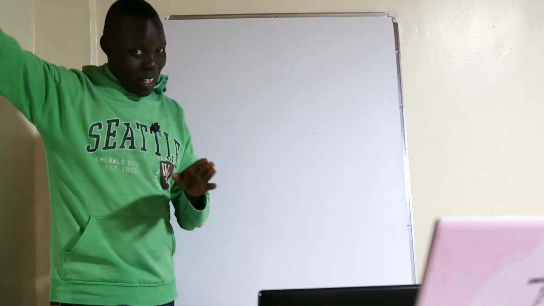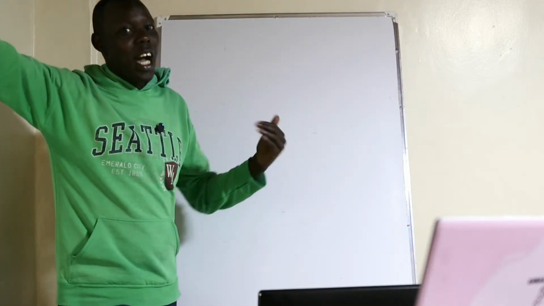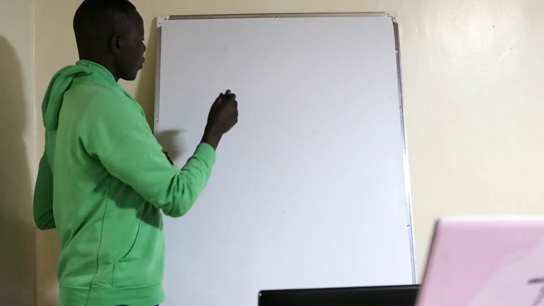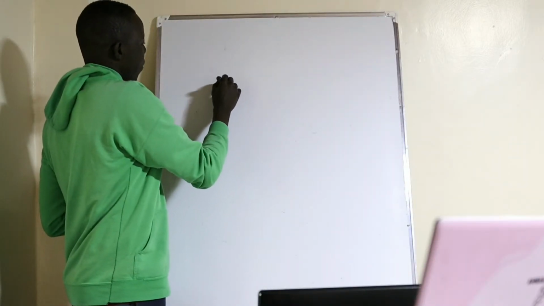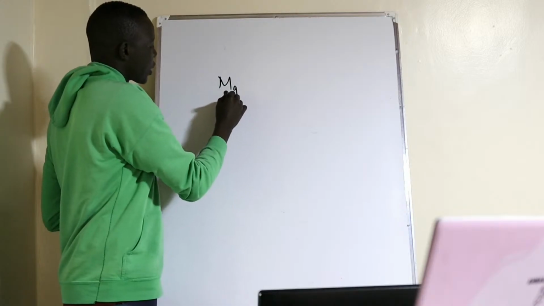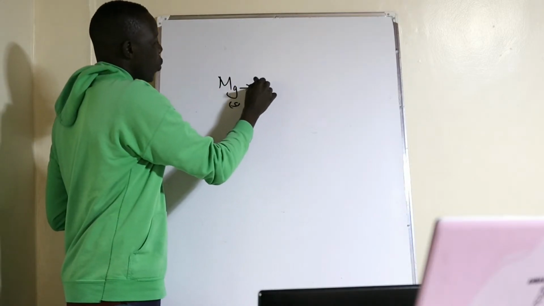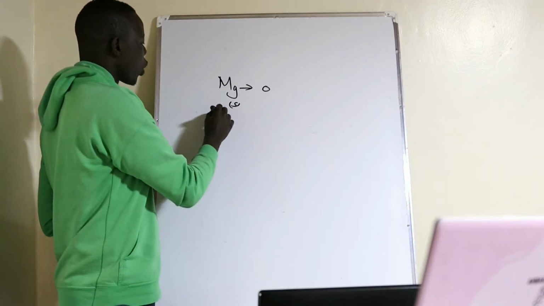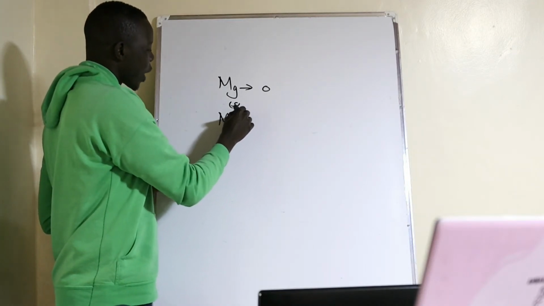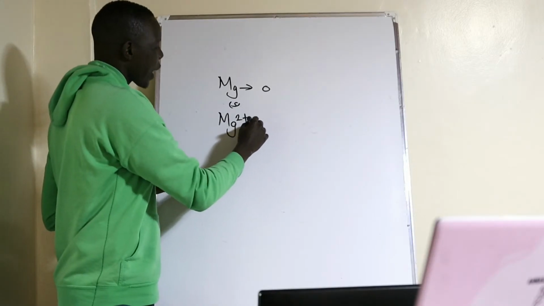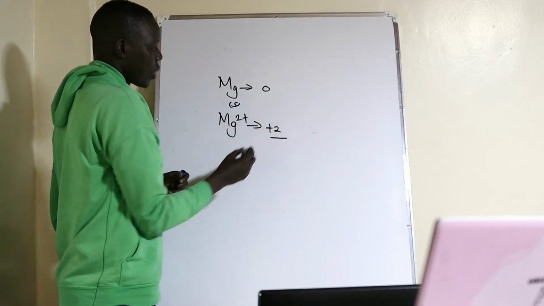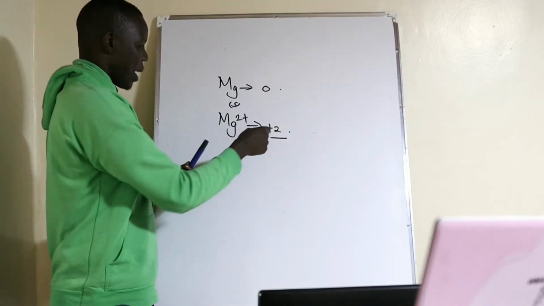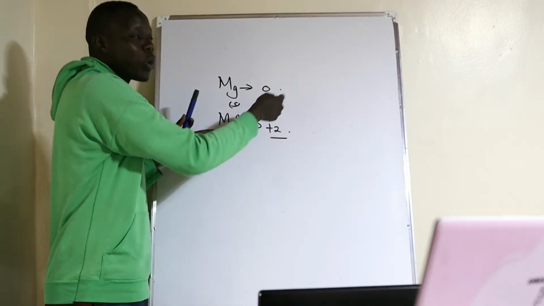For example, I'm sorry to start this, but I'm just tempted. Look at magnesium. Magnesium solid, its oxidation number is 0. When it loses electrons, it becomes an ion, magnesium 2+. Its oxidation number becomes +2. Between 0 and +2, which one has a higher oxidation number? +2. So it lost the electrons to be oxidized.